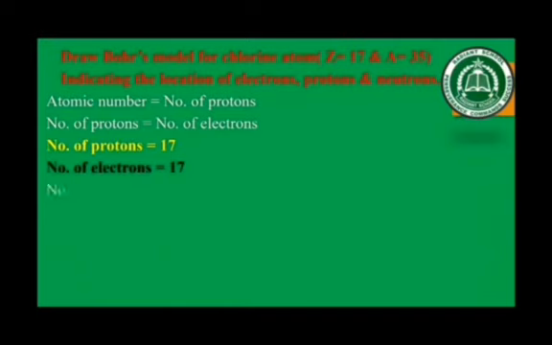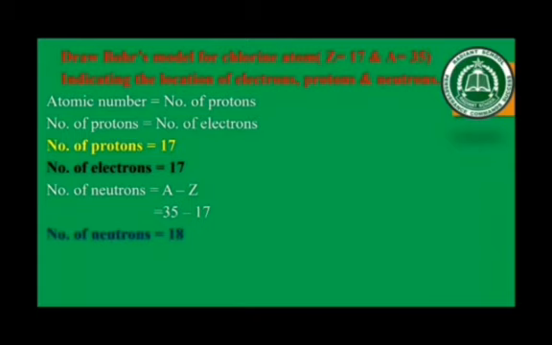How can we find the number of neutrons? Number of neutrons is equal to atomic mass minus atomic number. Atomic mass is 35 and atomic number is 17. So 35 minus 17 gives the answer: number of neutrons is equal to 18.